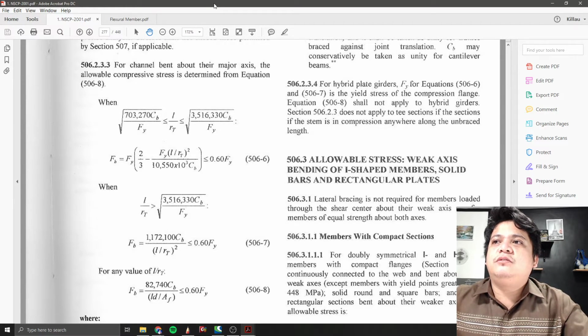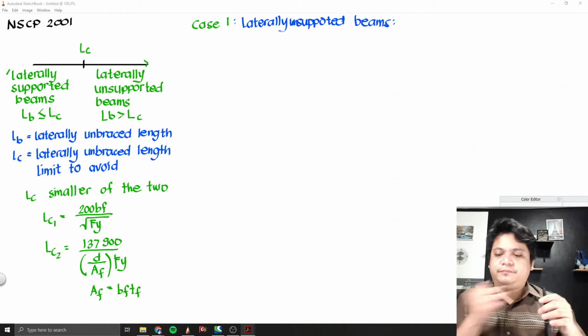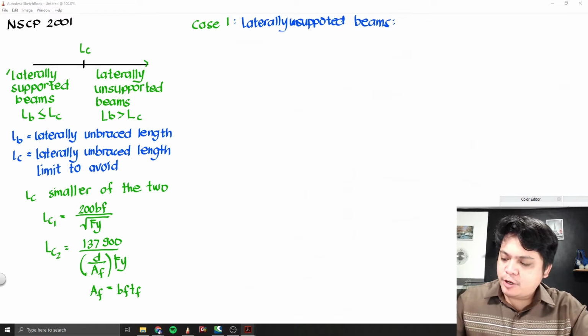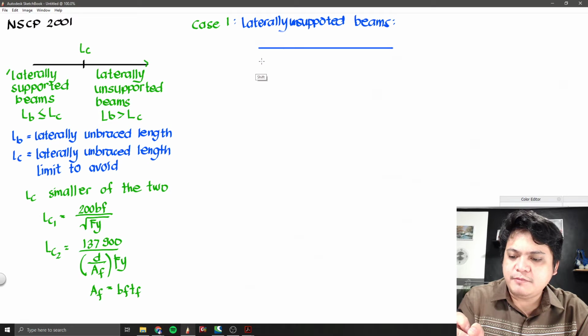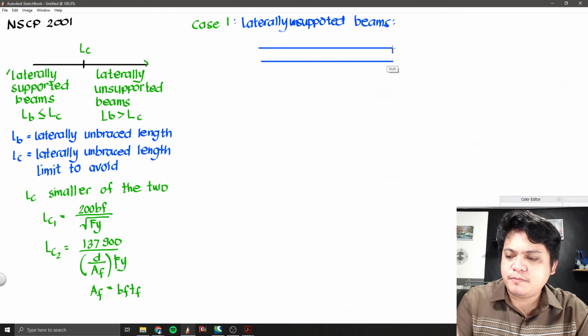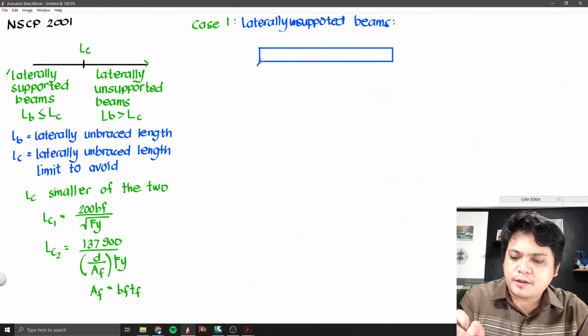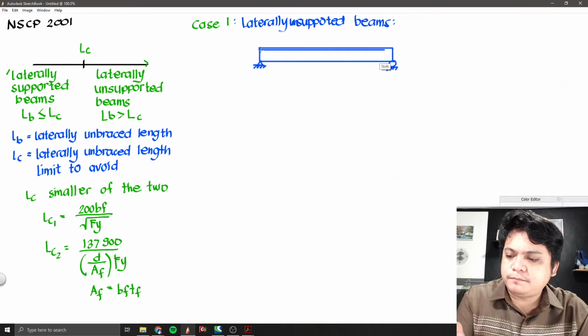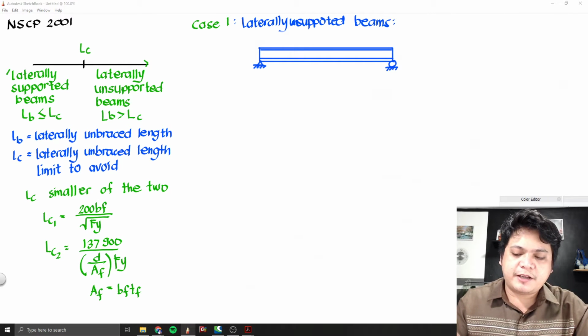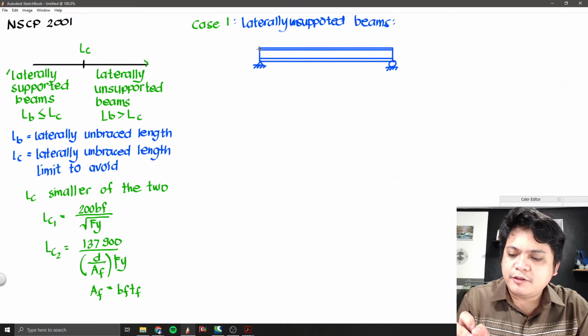So, where is it? For example, this is a simply supported beam. Now, when it deflects, let us look at its deflection. It will look like this.